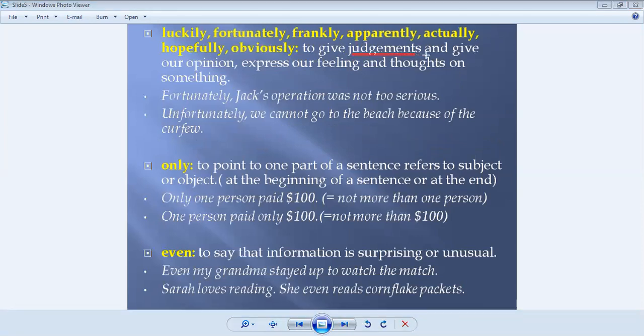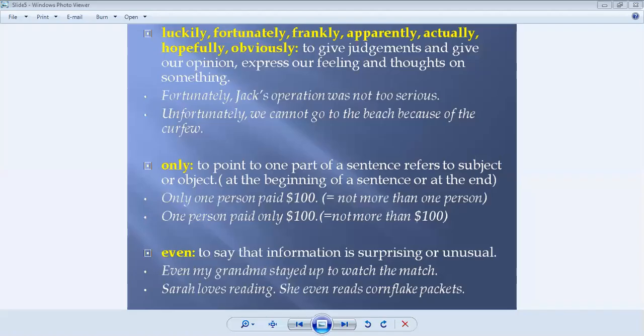Those adverbs are to give judgment, or give your opinion, or express our feelings. So, as I have mentioned here, we give judgment, opinion, and our feeling as well as thought on something. That's where we use those.